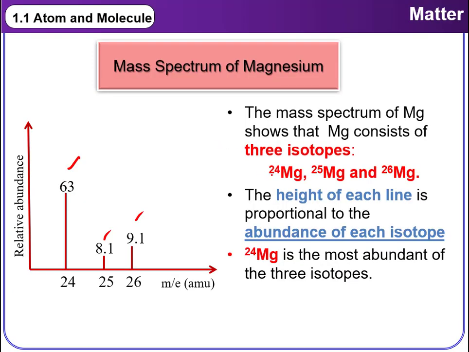Ada 3 isotop magnesium: magnesium 24, magnesium 25, and magnesium 26. Yang paling banyak melimpah is magnesium 24, which is 63. Then, magnesium 25 is only 8.1, while magnesium 26 is 9.1.